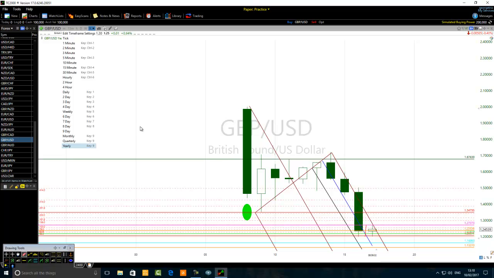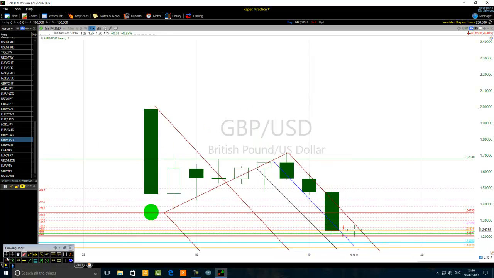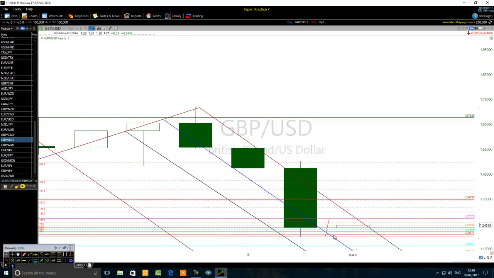One more thing I will say on the yearly chart is this. If the price starts going down from the low of last year, we need to be aware of the median line of 2016. That median line is near the level of 134.79. That's the red line here.